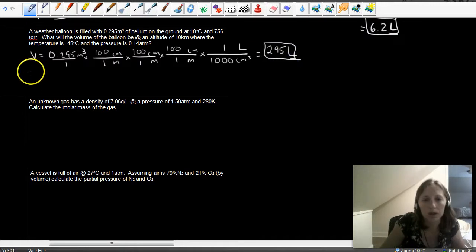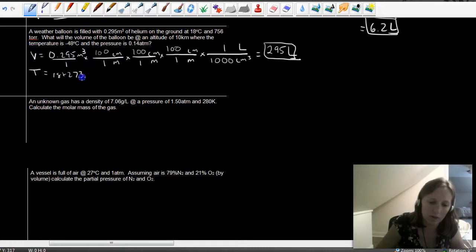And here we've got 18 degrees Celsius, so that's temperature. That's going to be 18 plus 273, which is 295? I don't know, I can't add.